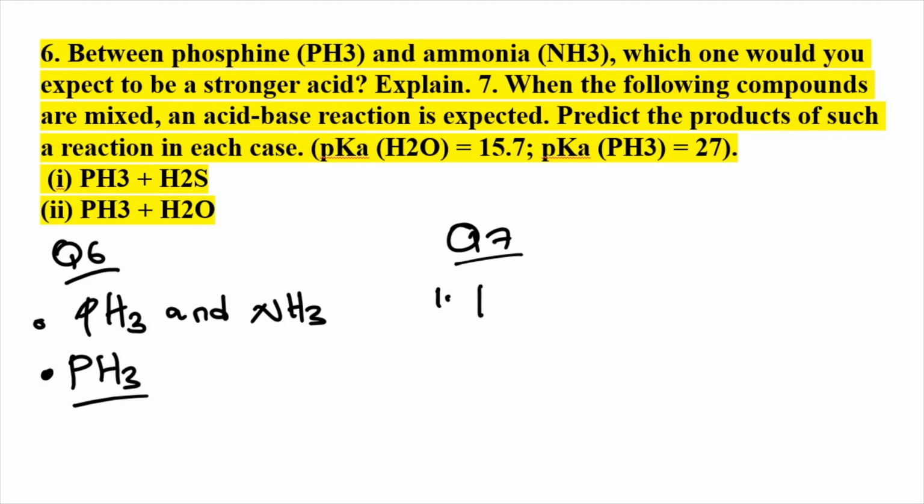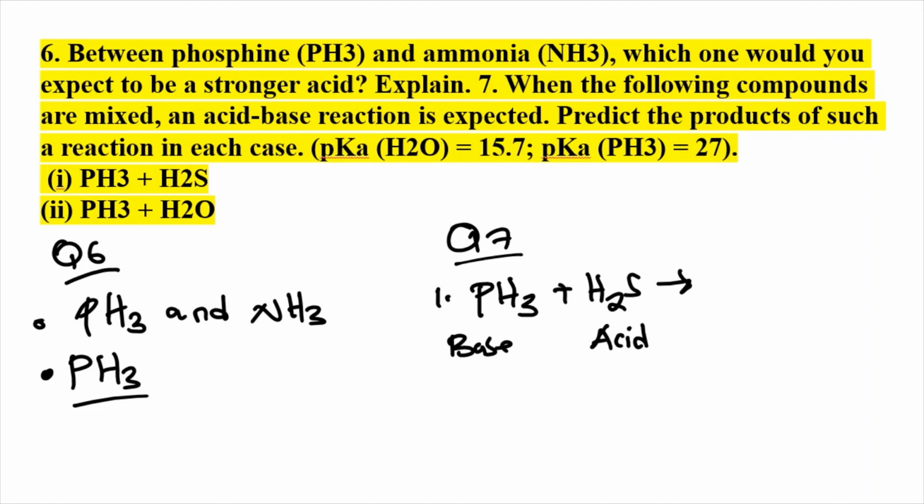So here you've got PH3 plus H2S. Here the base is going to be this, and this will be the acid. Why? Because sulfur is more acidic than phosphorus.